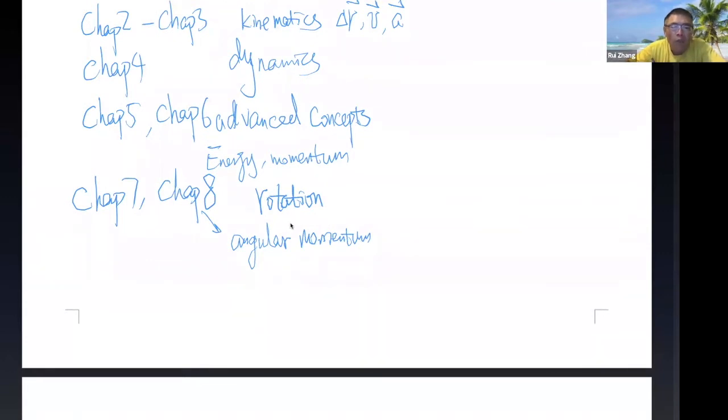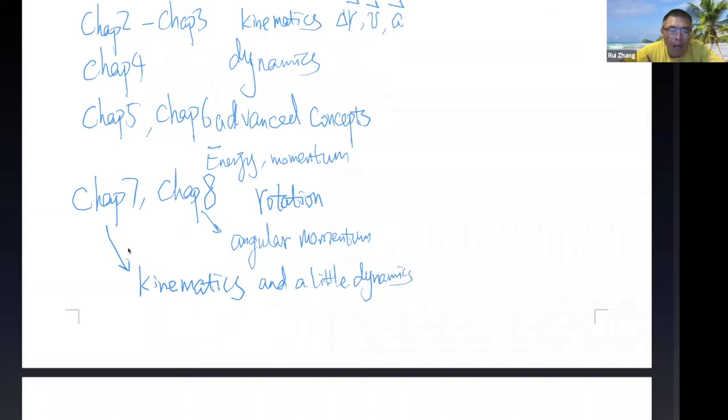Now, what do we do in these two chapters? In some sense, we're going to repeat the whole thing we did from chapter 2 all the way to chapter 6. We're doing a different cycle just for this specific motion, rotation. In chapter 7, we'll talk about kinematics of rotation and a little bit of dynamics.